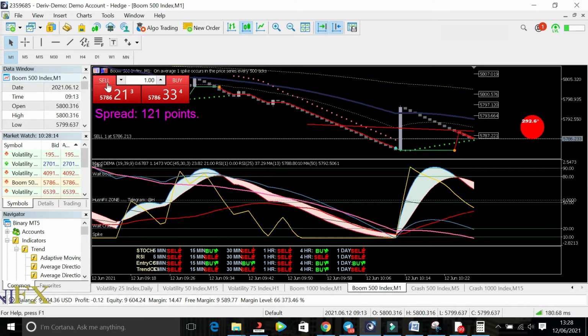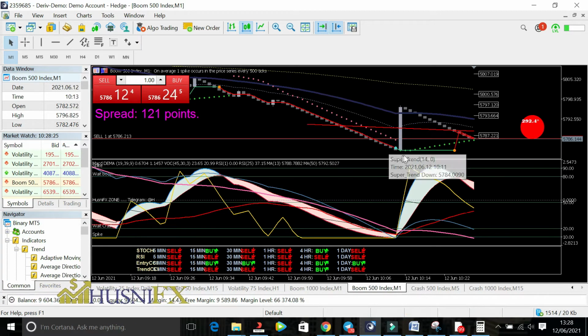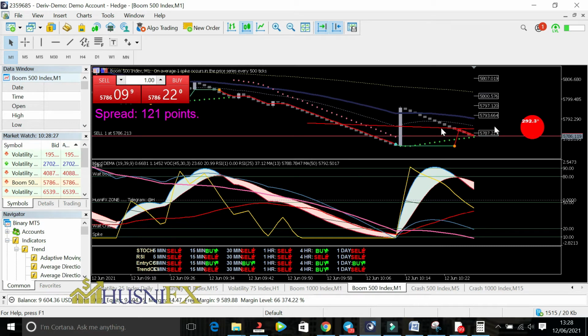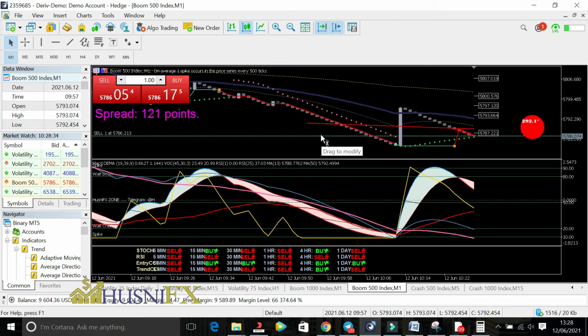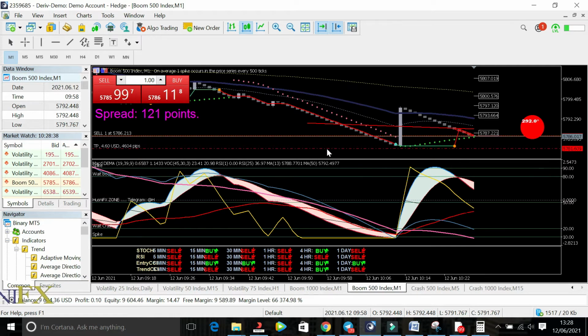So I sold there because I got an entry for selling here, and my exit point will be only about 5 candles. How do I count 5 candles on the 1 minute chart? 1, 2, 3, 4, 5, like here. So I place my target over here.